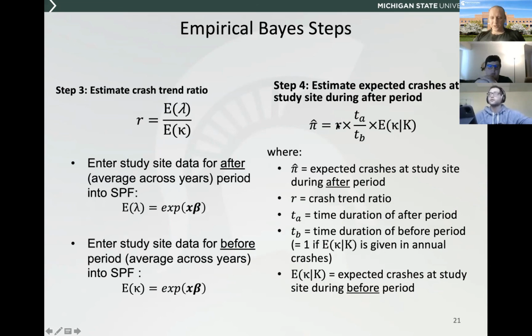And we plug that information in as well as the ratio of those time differences, and that's how we then get to our estimate for pi at the last step.